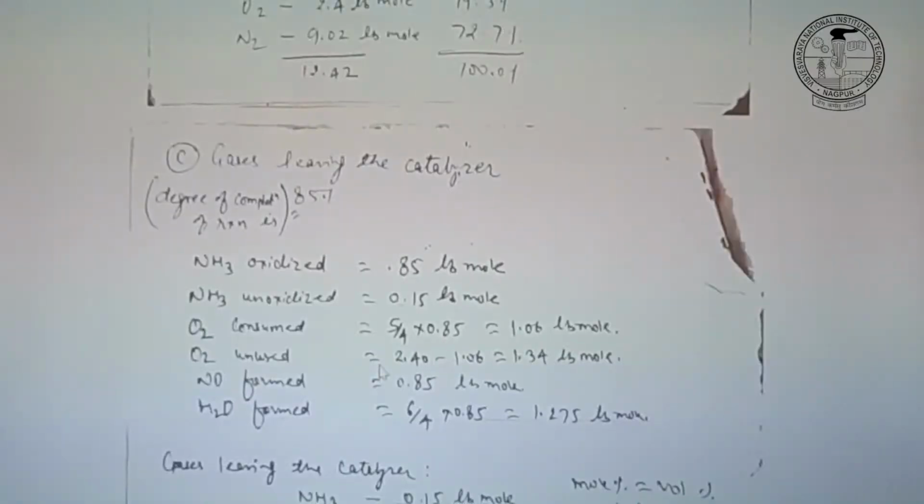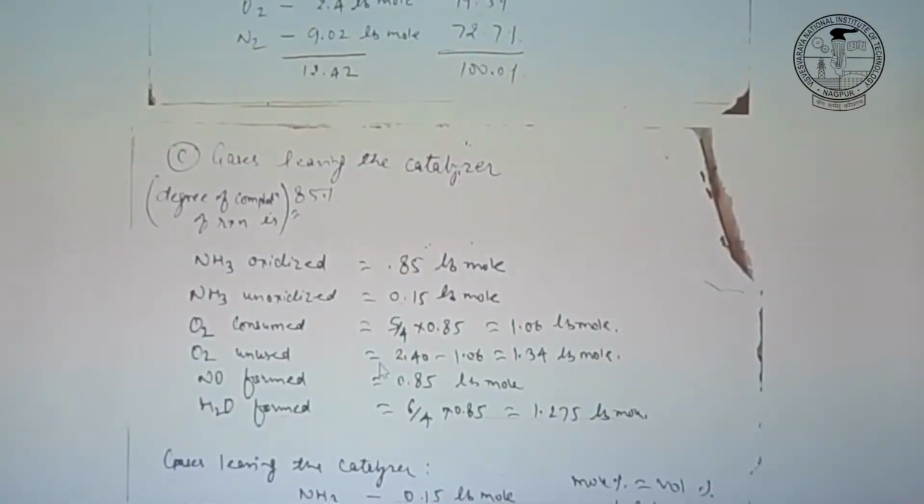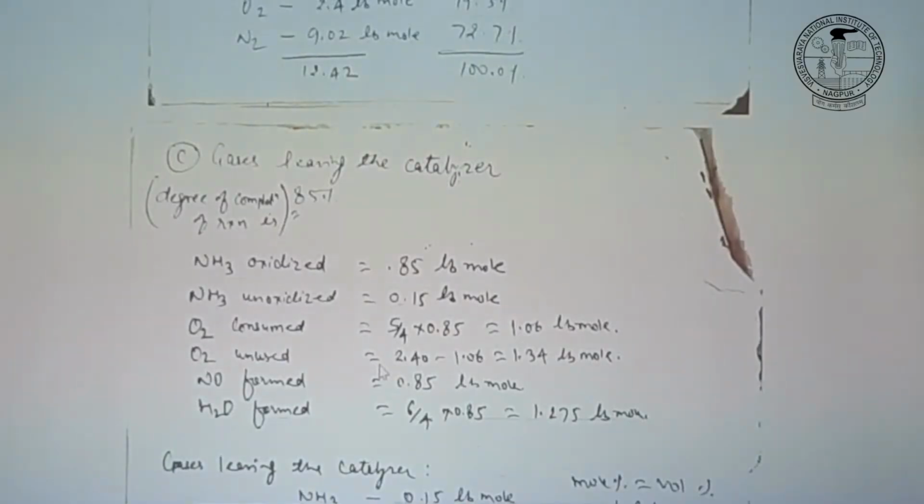So ammonia oxidized, 85% is the conversion in the oxidizer. That was given in the problem statement, otherwise you can go back to the question statement. So 85% is conversion, then ammonia oxidized will be 0.85 lb mole, because 1 lb mole came.